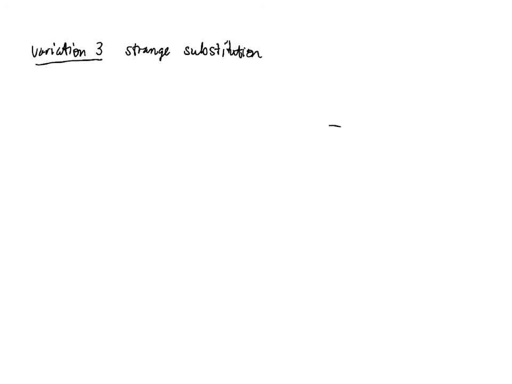So here I want to consider the following example, which is to compute the antiderivative of sine of ln of x dx.